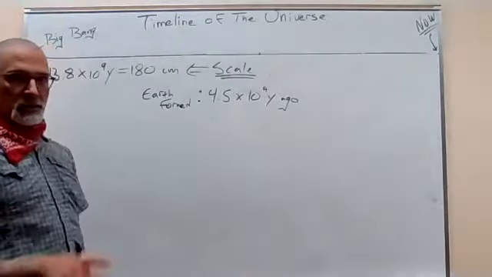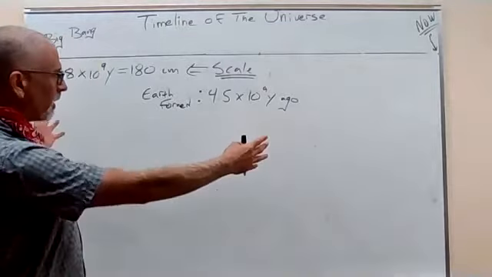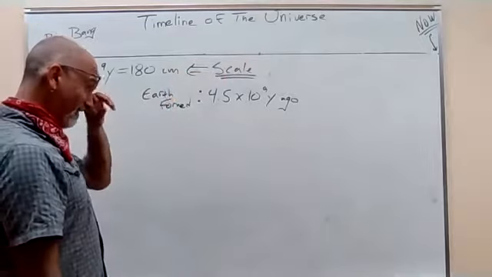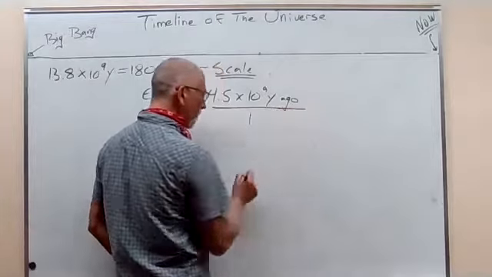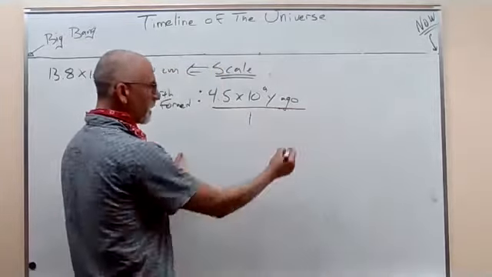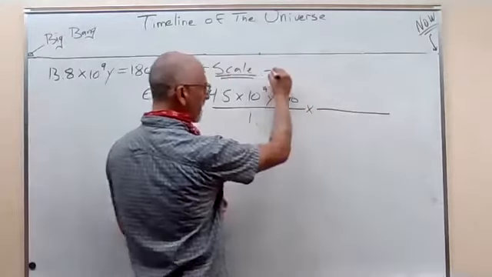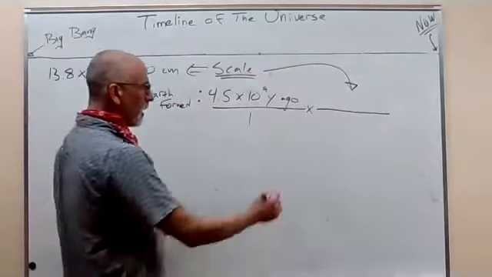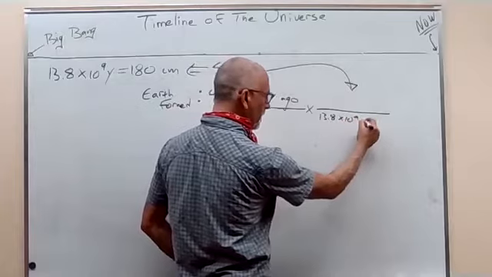Well, what I'm going to do is use that cancellation of units process to figure out where to put my Earth formed milestone on the timeline. So I'm going to make a fraction out of this, and I'll put it over 1. And the next thing I'm going to do is some multiplication. I'm going to use my scale. Down the bottom, I'll put 13.8 times 10 to the 9th years.